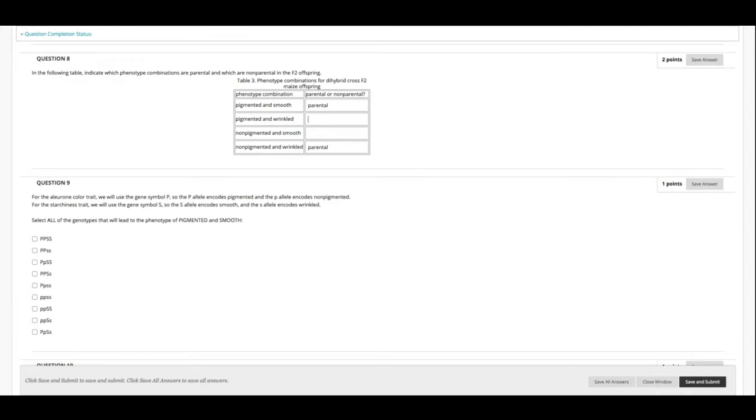All right. So now we got the two parents. That means the two leftovers are non-parental, right? Non-parental: pigmented as a dominant and recessive, and as recessive and dominant.